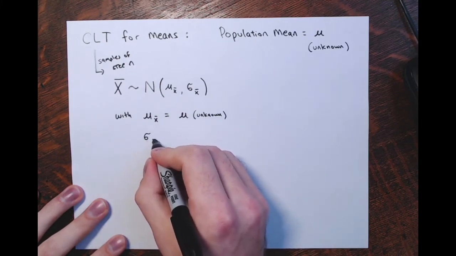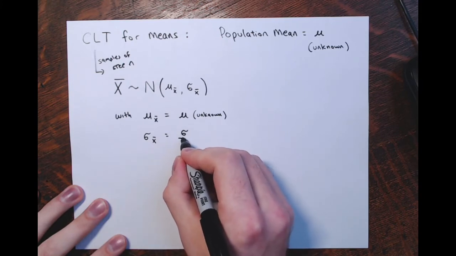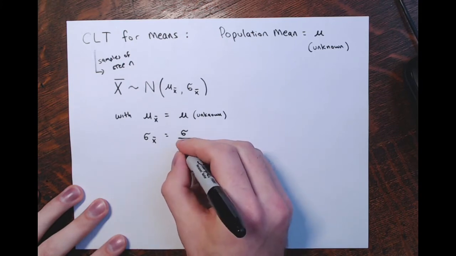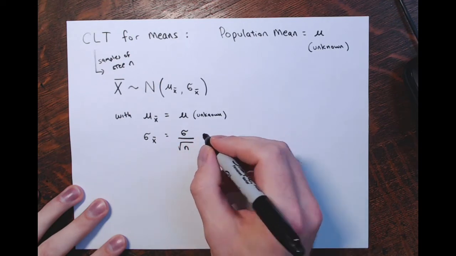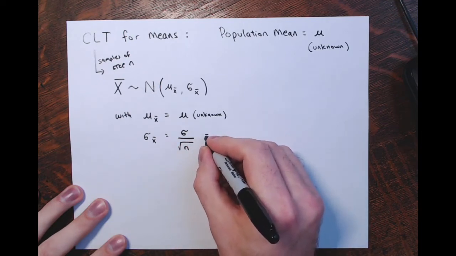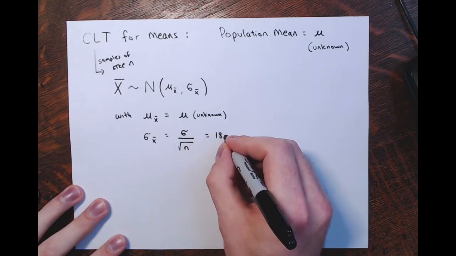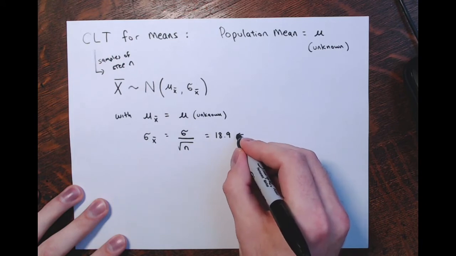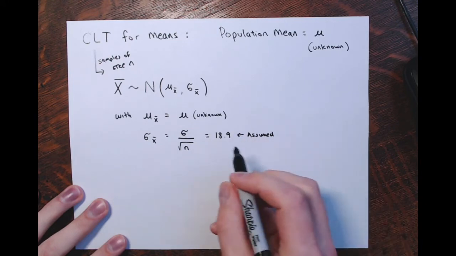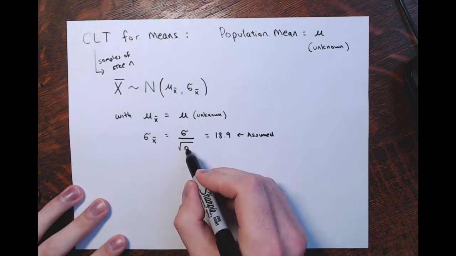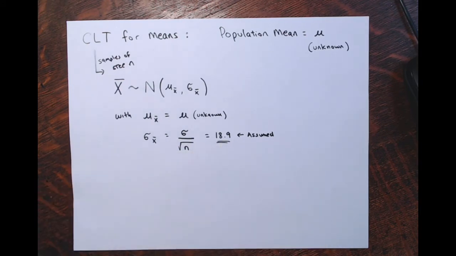The standard deviation of all these sample means was the standard deviation of the population divided by the square root of the sample size. We don't know sigma and we don't know n, but we were told to assume this value was 18.9 chips.